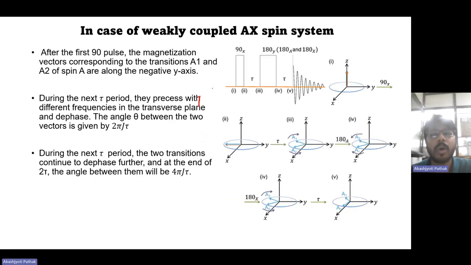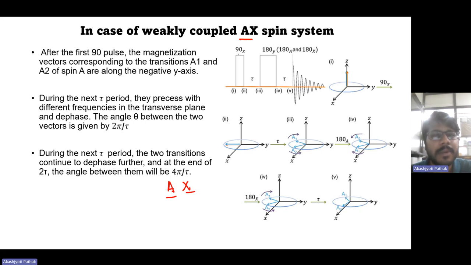Okay. So now what happens in the case of a weakly coupled AX spin system? We had to discuss the concept of a weakly coupled system and a strongly coupled system. A and X are a weakly coupled spin system.